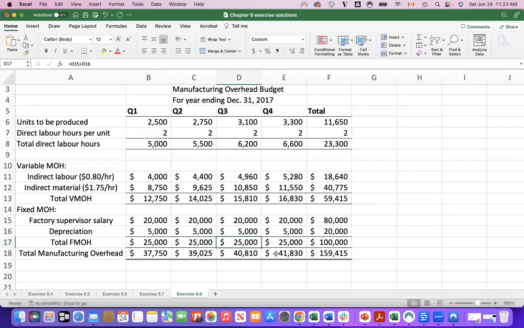And then finally for Q4, 41,830 is expected to be spent on manufacturing overhead, and that's the sum of my expected total fixed costs of 25,000 plus my total variable manufacturing overhead of 16,830.